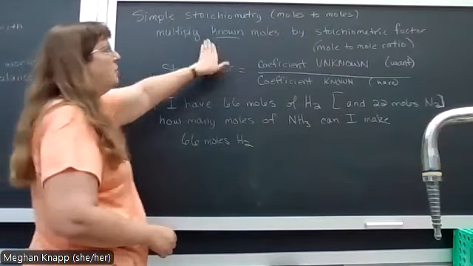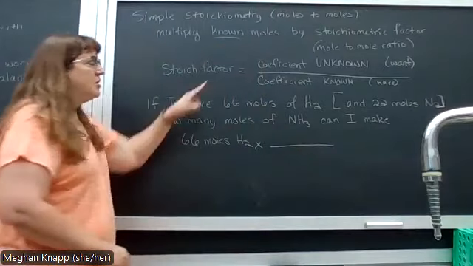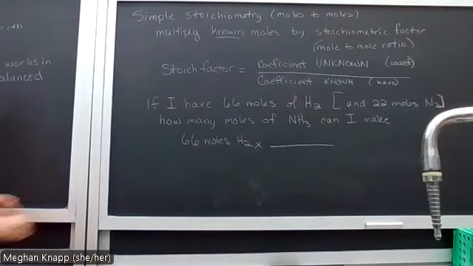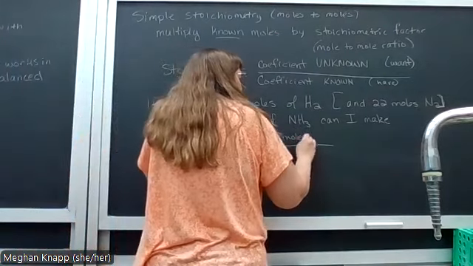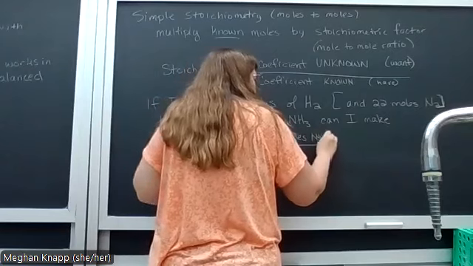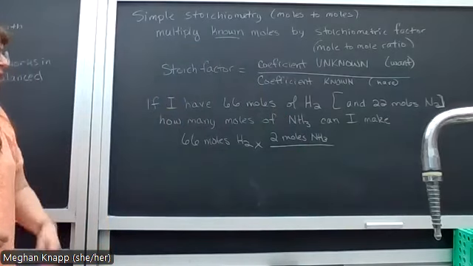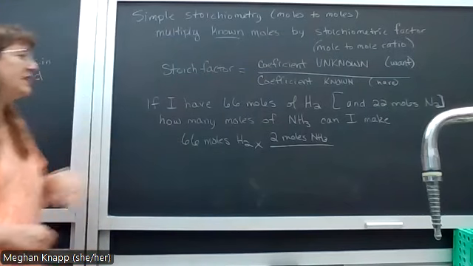Then it says multiply by the stoichiometric factor. That factor is going to be the coefficient of the unknown. What we want is ammonia, so I'm going to put that on top. So I'm going to say 2 moles of NH3. We always put moles with that stoichiometric factor. And then I'm going to divide by the coefficient of the known, the thing I already have.